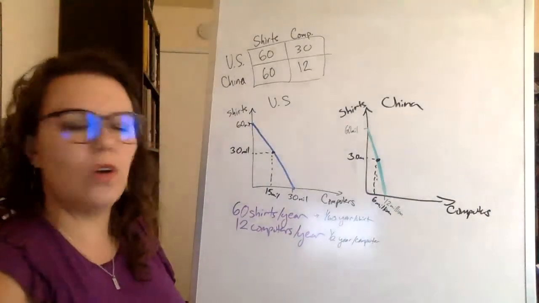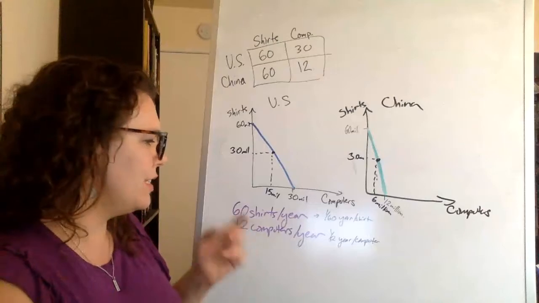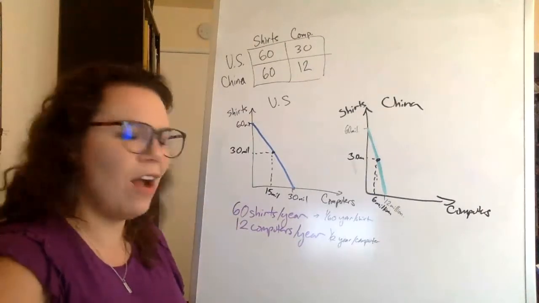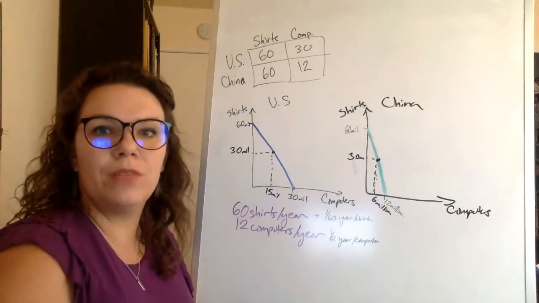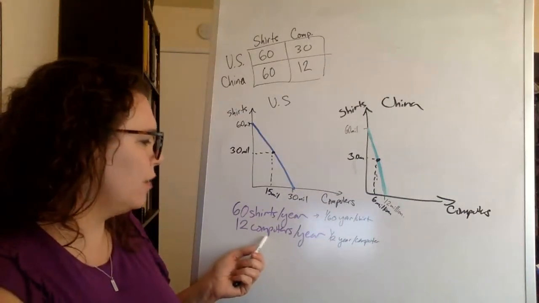Right? So in the 1/60th of a year that it takes to make a shirt, how many 1/12th of a year computers could a Chinese worker make?